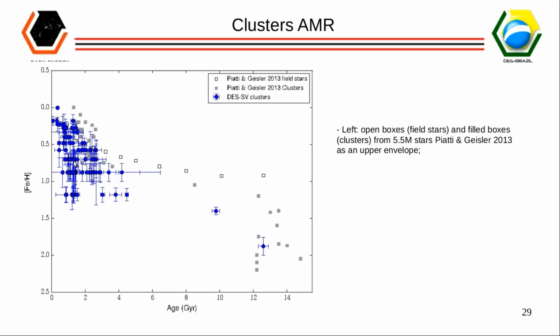Basically, this is due to the Piatti and Geisler sample being located in the inner regions and a more metal-rich region than our outer regions.